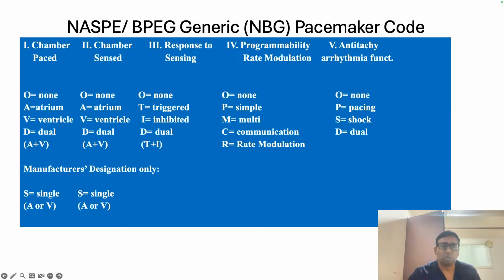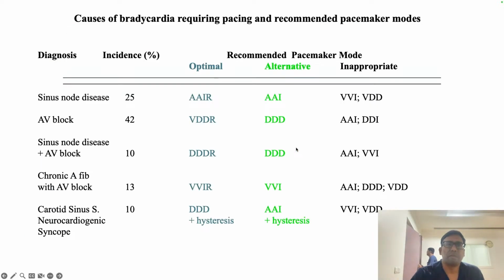Okay. So now coming to the case. What are the common pacemaker modes which we are selecting? For sinus nodal disease, the AAI pacemaker, because the disease is at the atrium level and at the sinus level. So what is the best pacemaker you can implant? It is AAI.